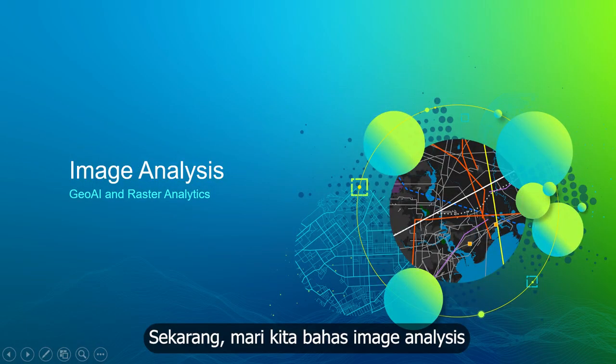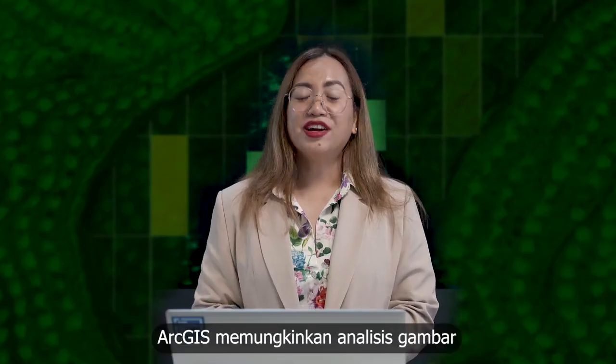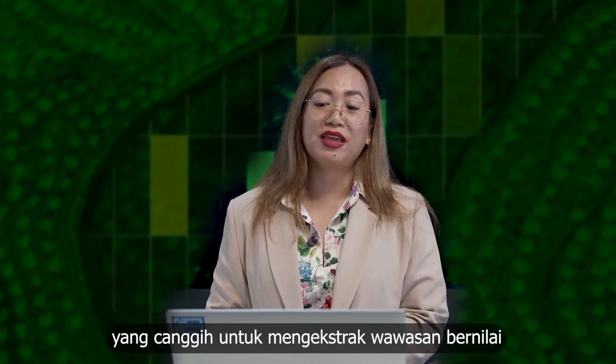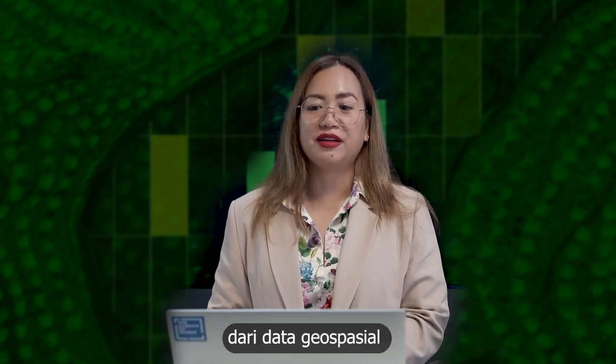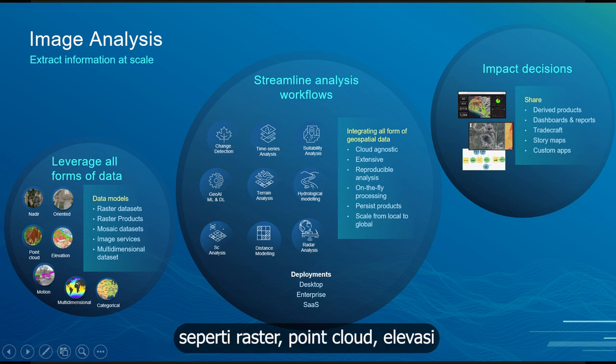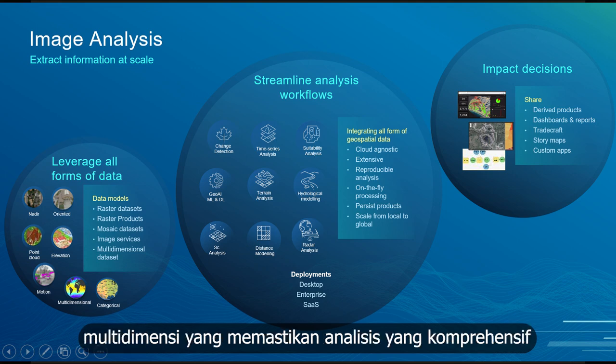Now let's talk about image analysis. ArcGIS enables powerful image analysis to extract valuable insights from geospatial data. And ArcGIS supports various data types like rasters, point clouds, elevation, oriented imagery, and multidimensional raster datasets, ensuring comprehensive analysis.